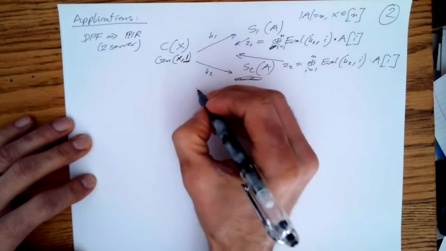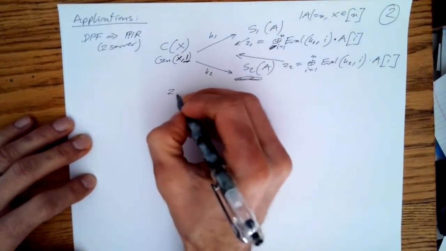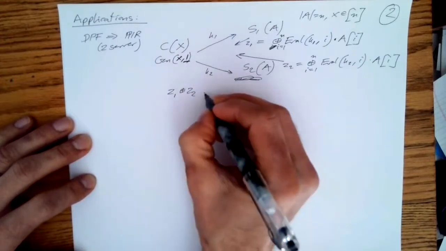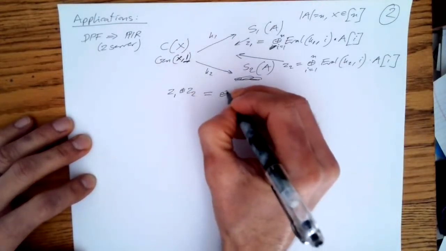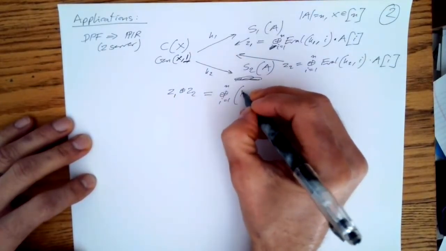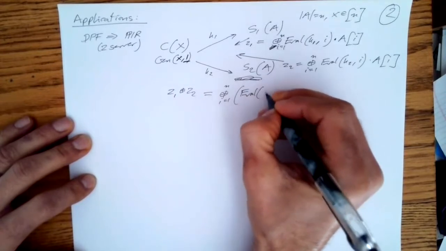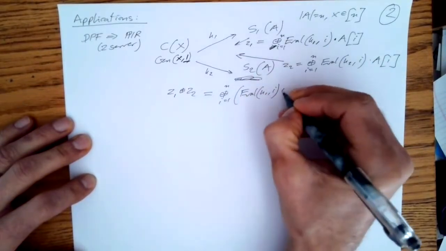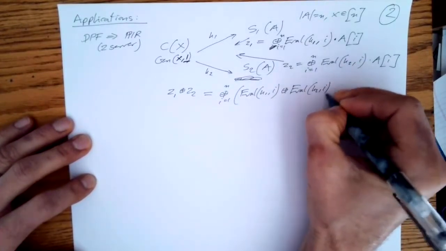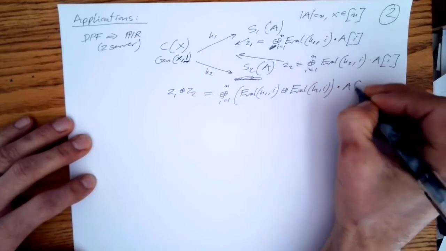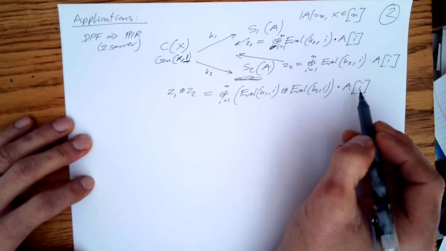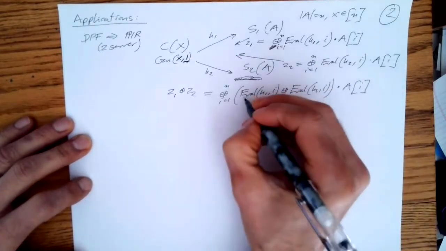And it's easy to see that if the client just XORs the two, then this is an XOR for all i of the evaluation of this function at i using both keys, times the ith element in the array, by the linearity of XOR.